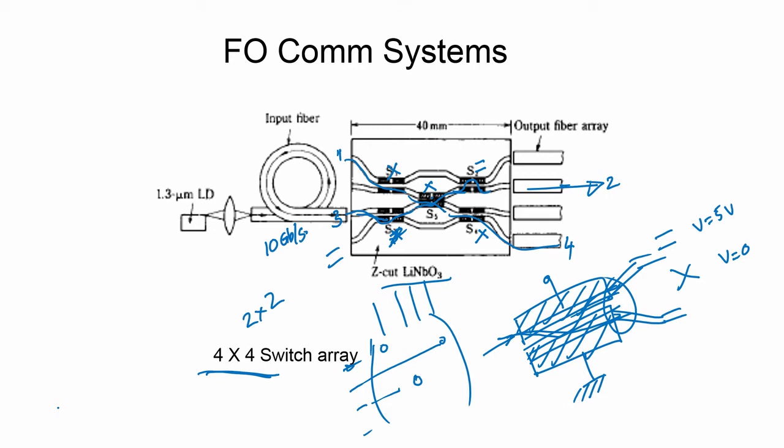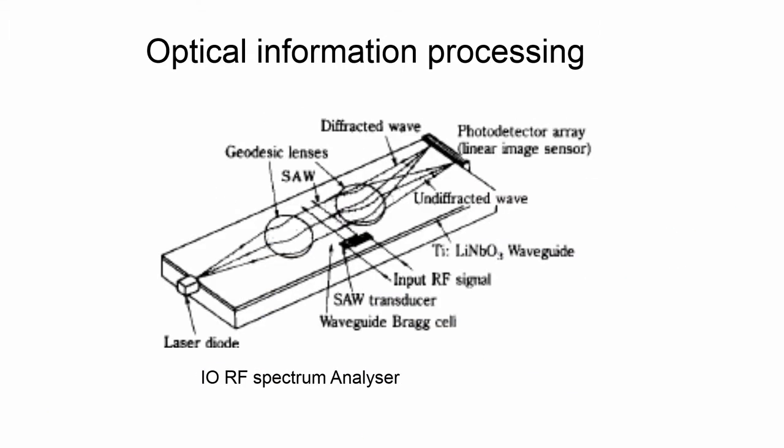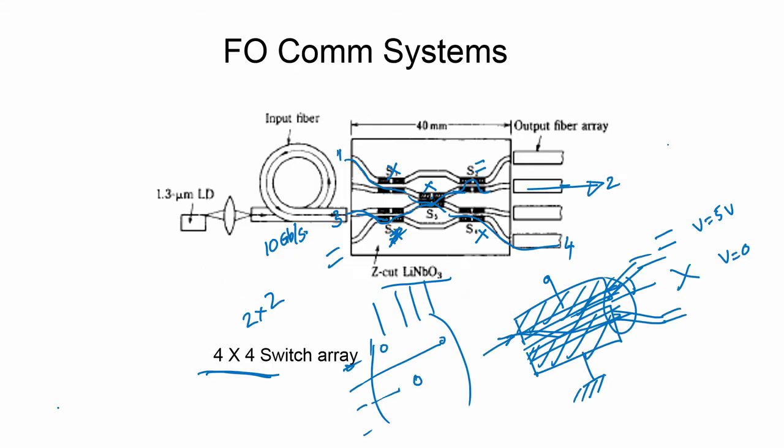One of the important features that we know about conventional integrated optical devices is that these angles are very, very small, typically of the order of a few degrees, 1 or 2 degrees.